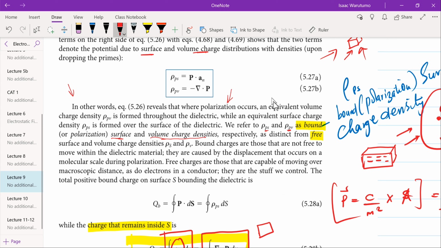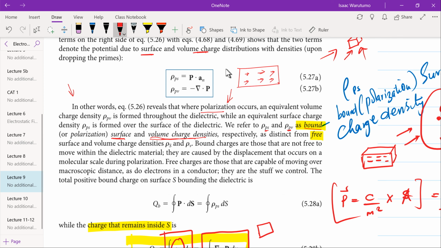So in few words, we say that when a material gets polarized, it develops what we have referred to as the bound surface charge density and volume charge density. And this appears to add to the, like I have material here, it has accumulated some polarization.